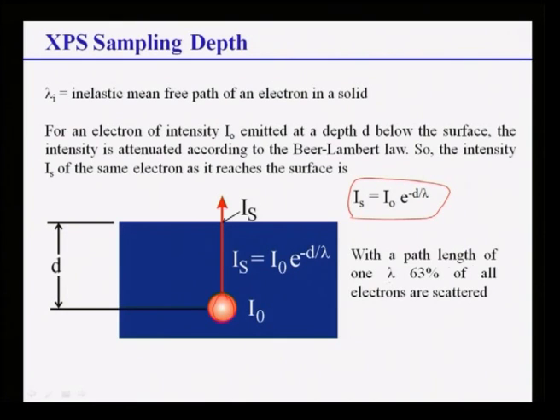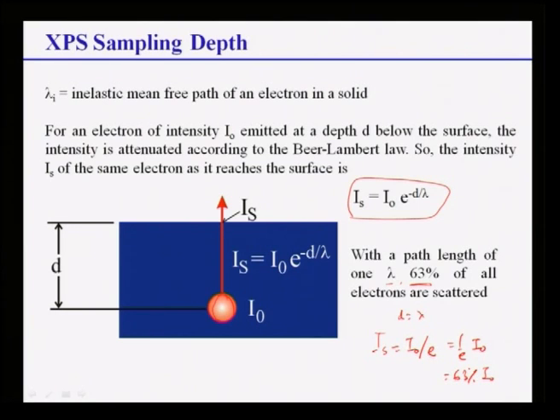With a path length of 1 lambda, 63% of the electrons are scattered. When d equals lambda, Is equals I0 divided by e, so 1 by e of I0 is equal to 63% of I0.